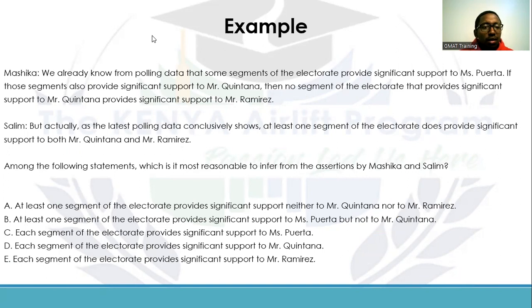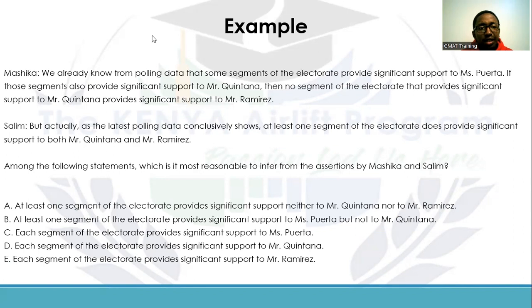Okay, so Mashika says, we already know from polling data that some segments of the electorate provide significant support for Mrs. Puerta. If those segments also provide significant support for Mr. Quintana, then no segment of the electorate that provides significant support to Mr. Quintana provides significant support to Mr. Ramirez.